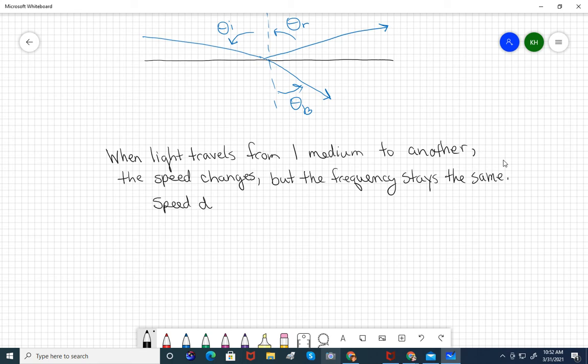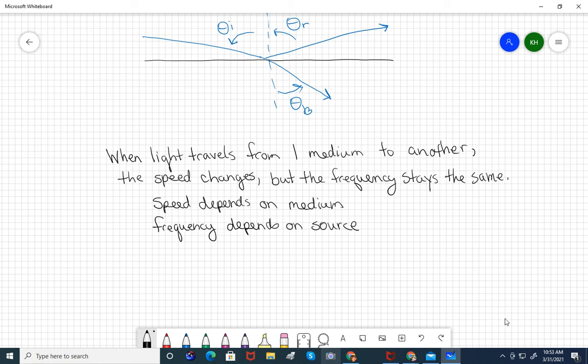Speed depends on medium. Frequency doesn't depend on the medium, but on the source, what's causing the wave.